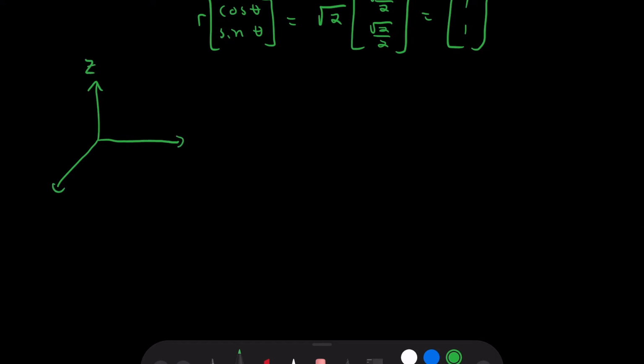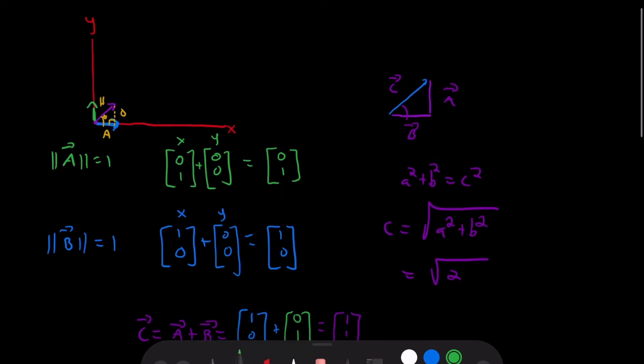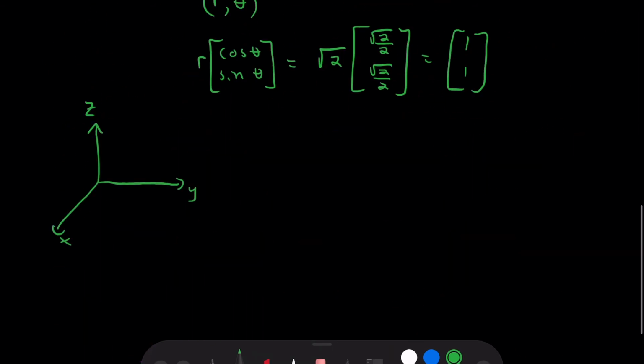This is our z-axis, this is our y, this is our x. Let's just take what we already have so far and move it up into the other dimension. We have extending out a unit of 1 in either direction on the xy plane.